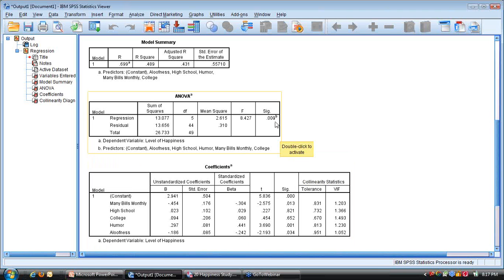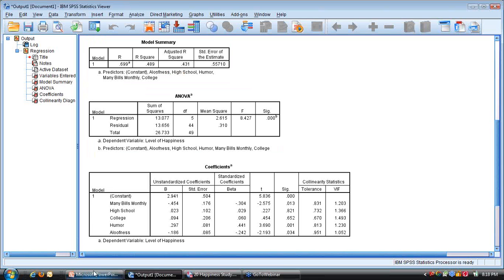So the model must be significant before you consider individual predictors. So you look at that first, then the predictors. And then lastly, under the model summary, you have your R squared, which tells you how much variance in the dependent variable is explained by the model, meaning the independent variables.